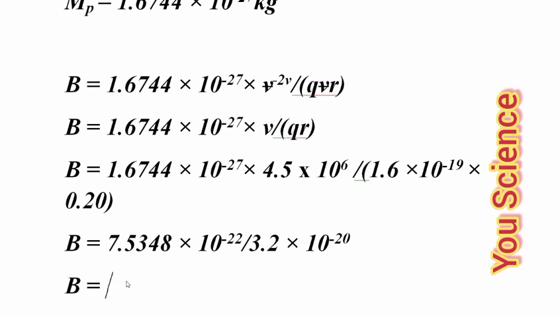So 7.5348 exponential minus 22 divided by 3.2 exponential minus 20 is going to give us 0.0235 Tesla. So that is the final result.